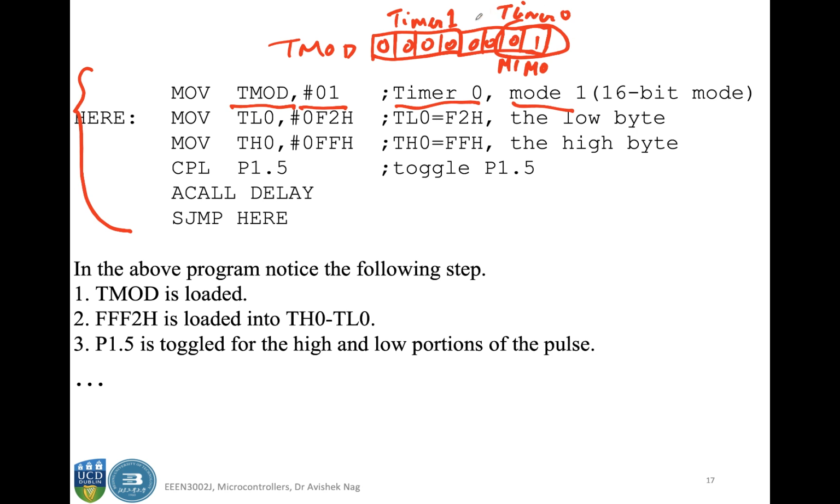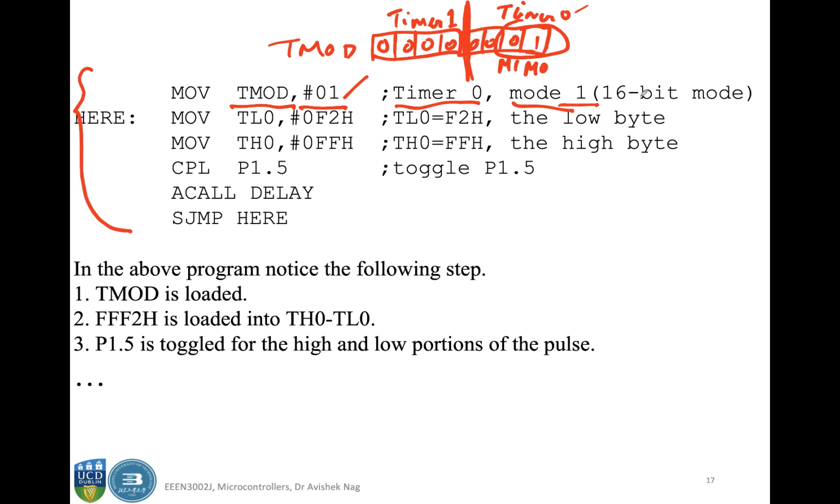So this part is for timer 0, and you are choosing timer 0 in mode 1 by setting these 2 bits to 0, 1. You are loading the entire TMOD register with 01, which means it's loaded with this 8-bit combination, and the least significant bit is 1, which means that timer 0 is in mode 1.